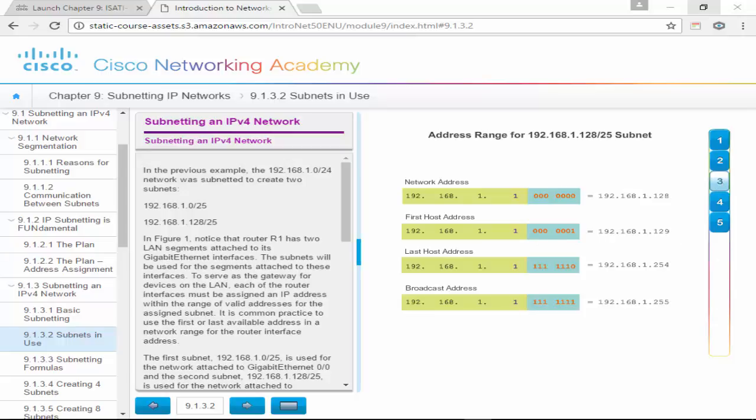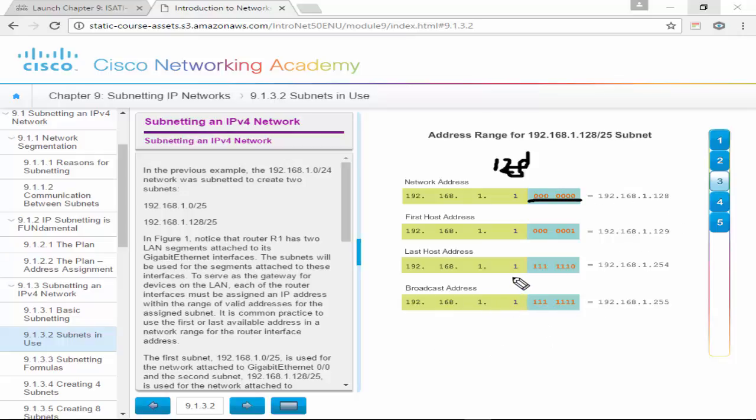Okay, so now we're on our next network. This is showing a 1 in binary. Don't think of it as a 1 there. It's a 1 in the 8th bit, so it equals 128. That's why all zeros here equal 128. But this once again shows us our network because these are our host bits, and if they're all zeros, that's our network number, which is 192.168.1.128.